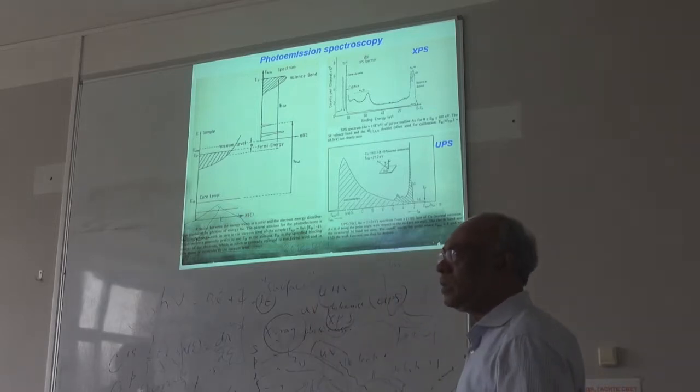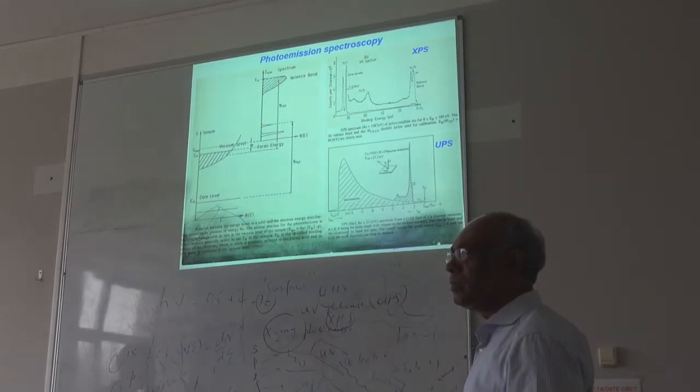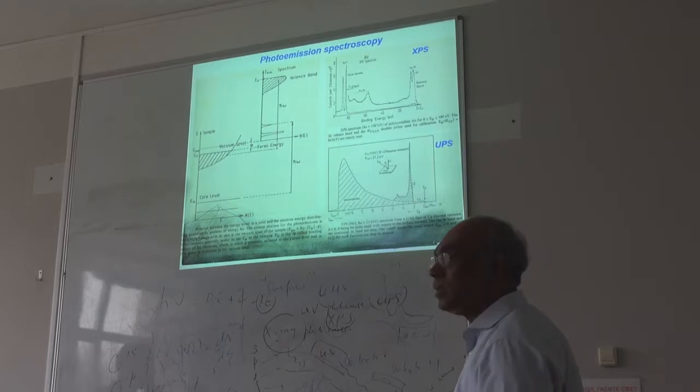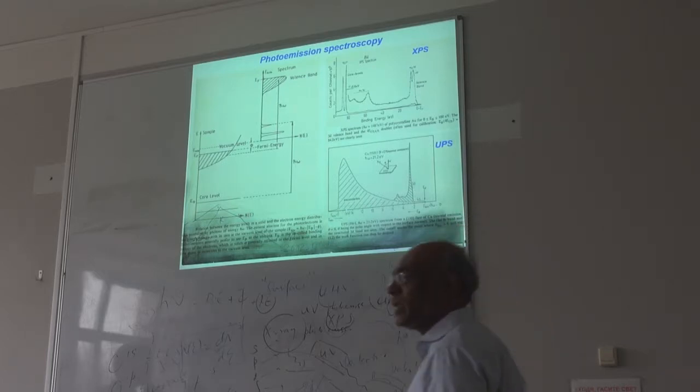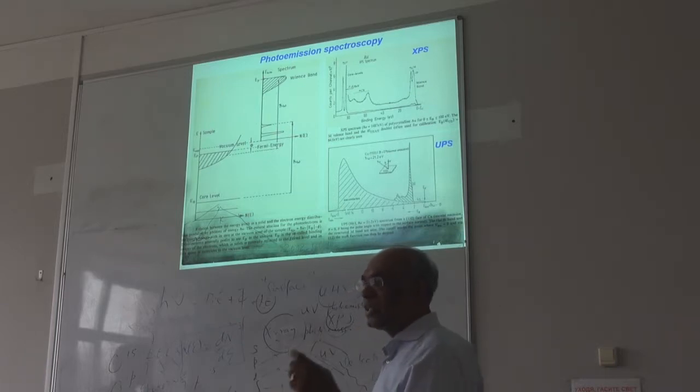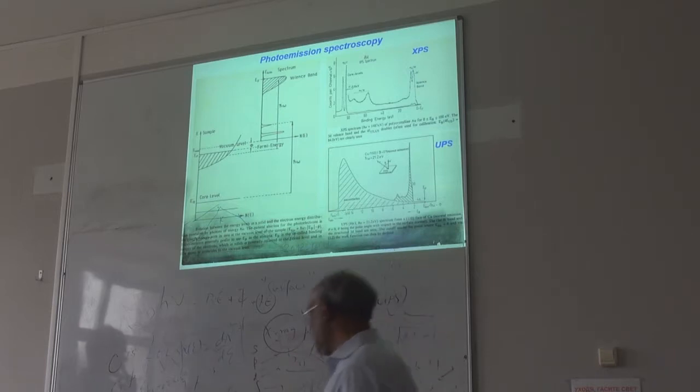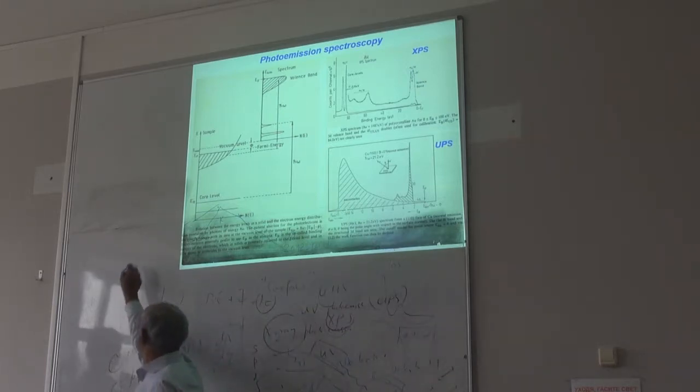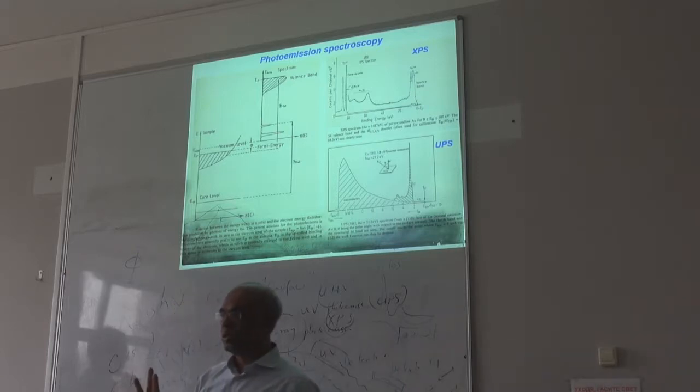What is it important for? UV spectroscopy is very important if you need to know the work function, the Fermi energy. If somebody wants to measure the work function, there are 3 techniques you can use.